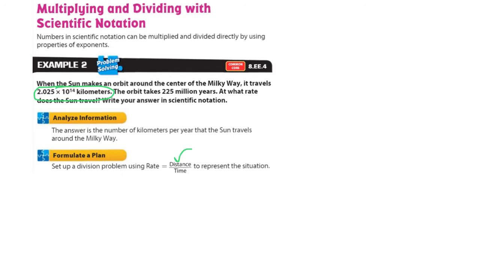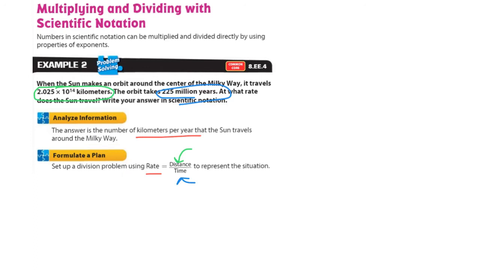That's your distance. Your time is here. That will be your time. So the rate is what you're trying to find. Kilometers per year, that is the rate. So let's work this out.